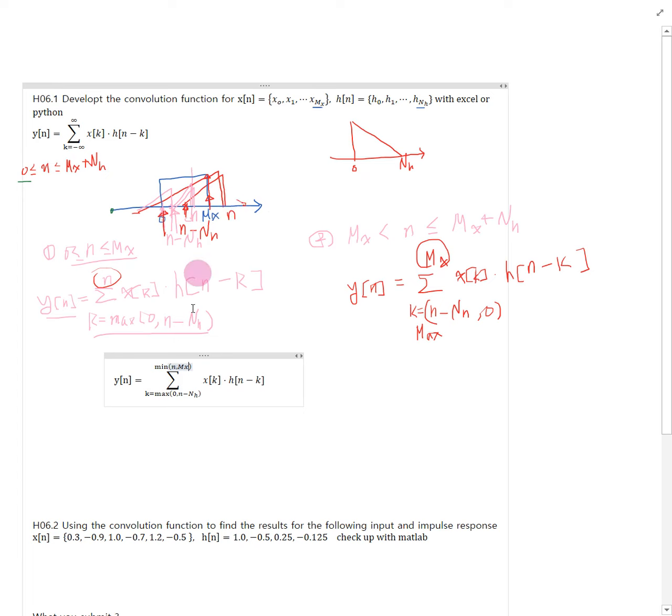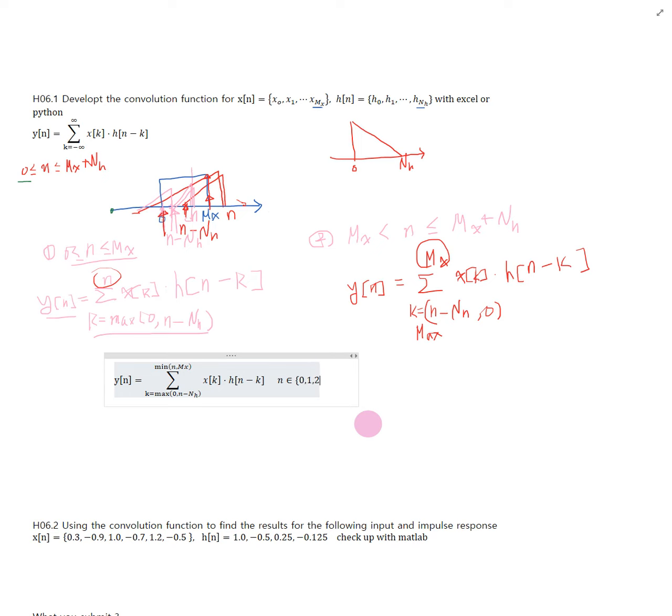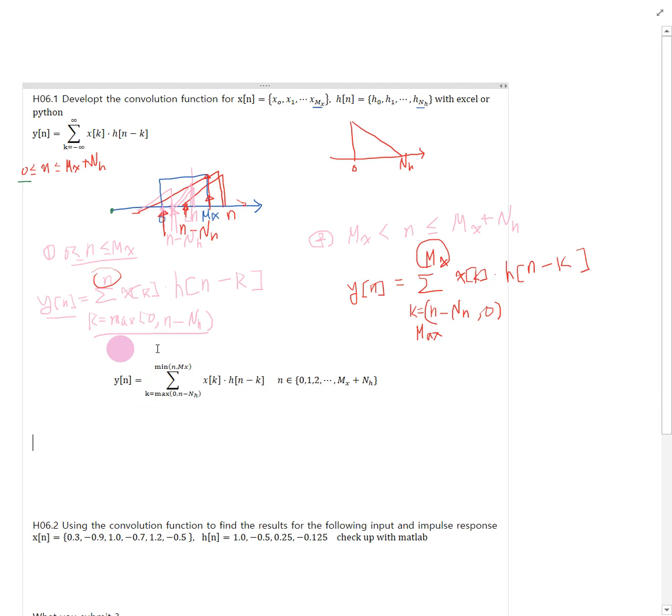The minimum value is the maximum index, and n will change from 0, 1, 2, up to the final integer value, which is mx plus nh. This is the final integer value.